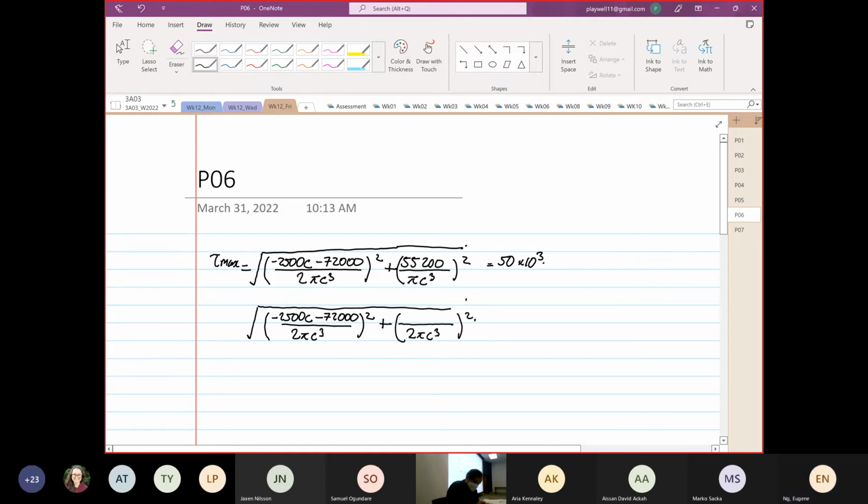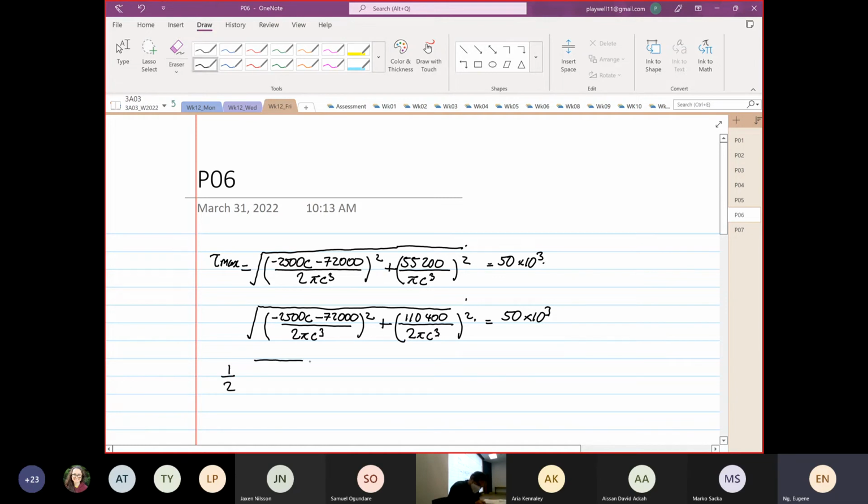So for that to happen, I need to multiply 55200 times 2, which is 110,400, and this is equal to 50 times 10 to the power 3. So from here, I can factor out a quarter. I can take out this to be half.